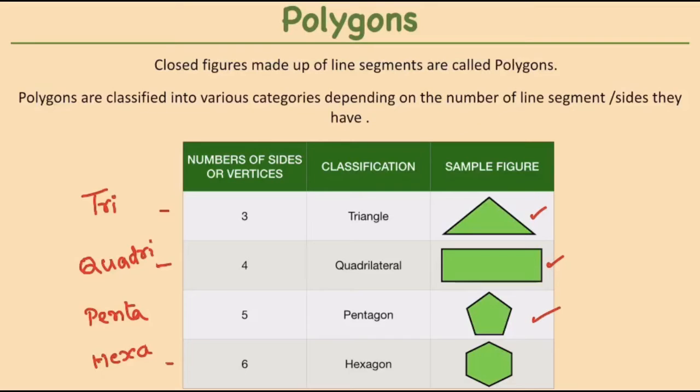And this picture is named pentagon, which has 5 sides. In Greek, penta means 5, so it is named pentagon. And in Greek, hexa means 6. So this polygon is named hexagon, which has 6 sides and 6 vertices.